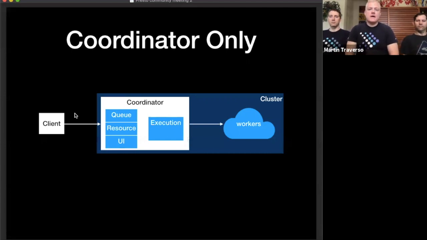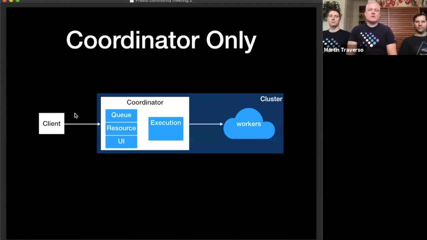Today, this picture is a super simplified picture of what a Presto cluster looks like. A client talks to a coordinator and sends a query. The query gets put into a queue, and there are queuing rules, etc. And at some point, that query is selected for execution. That same process starts executing the query, handles coordination with a big cloud of workers, and feeds the results back to the client.